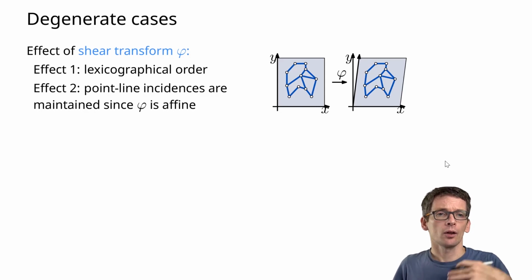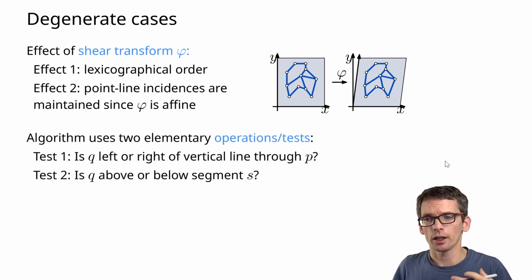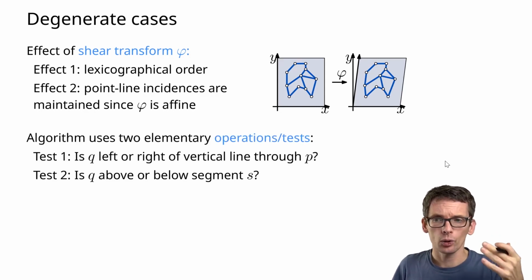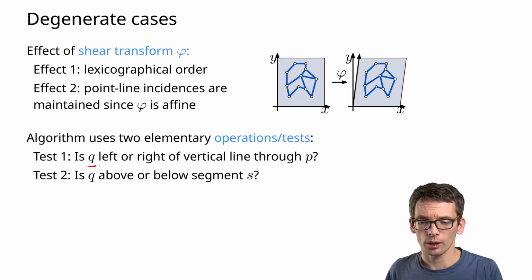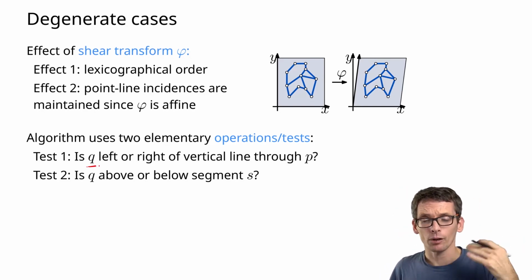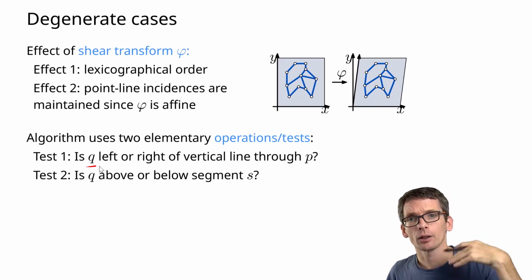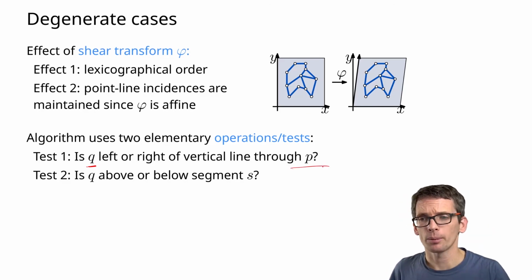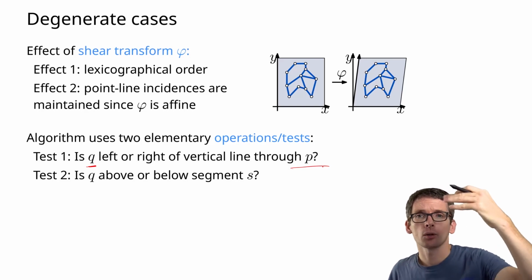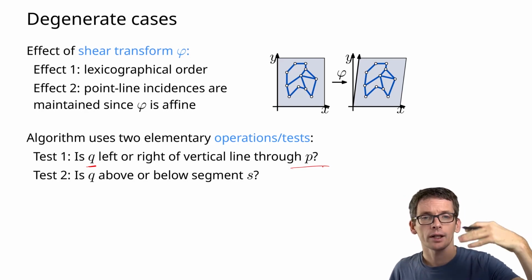Which operations did our algorithm actually need? We had essentially two types of tests. We test for a given query point whether it's to the left or the right of a vertical line, or more precisely, left or right of the vertical line through some given point p. And we test whether q is above or below a segment.